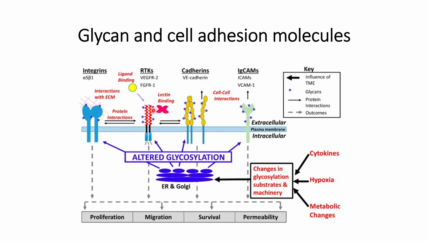Then the lectin binding will also get affected because of the altered glycosylation in RTKs, that is receptor tyrosine kinases, such as EGFR2 and FGFR1. This will also affect the lectin binding affinity, so that will also contribute towards proliferation, migration, survival, and permeability.